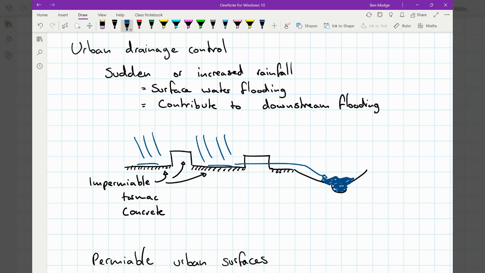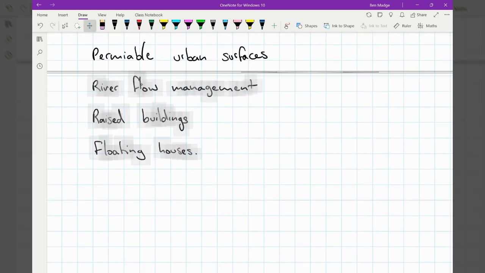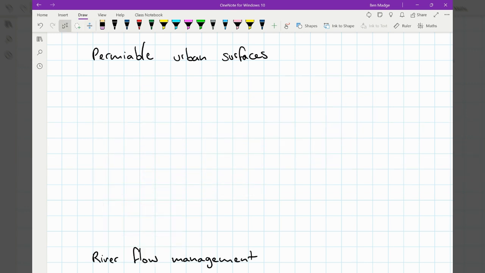So what we can do is we can have legislation and building regulations that mean that developments have to have permeable urban surfaces. So we can encourage the use of grass and soil, which is permeable, which means the water can sort of soak into it, or we can use things like gravel. And this helps slow runoff.